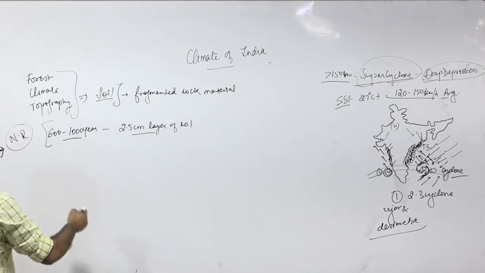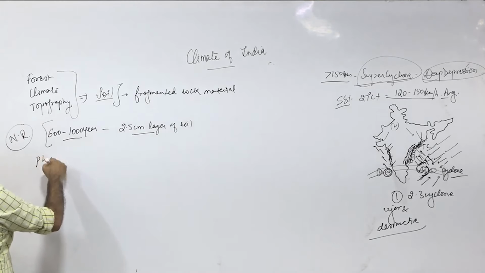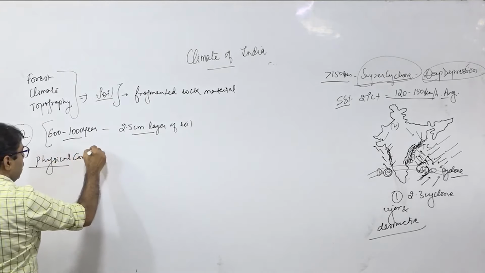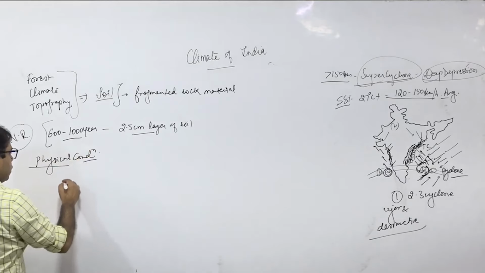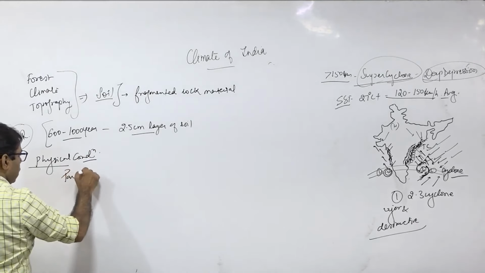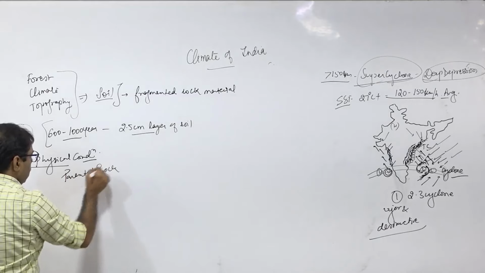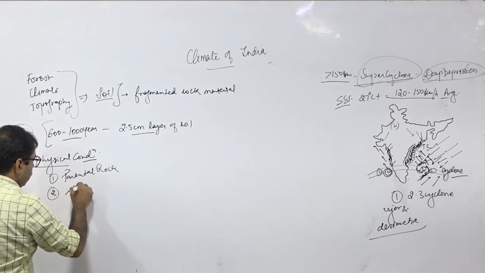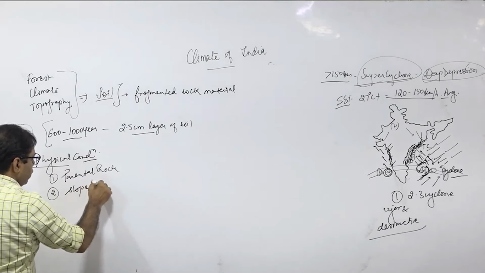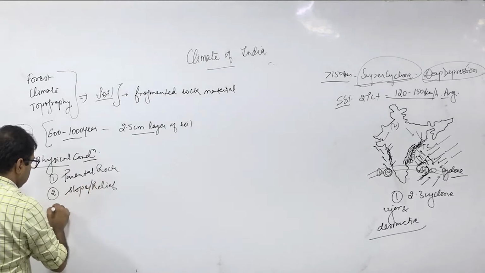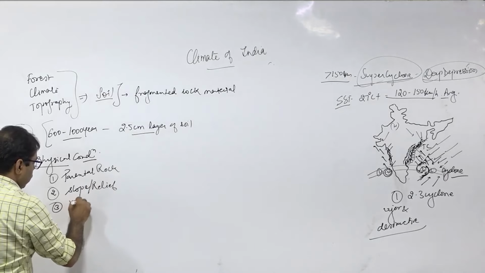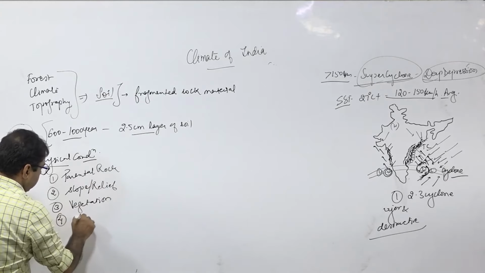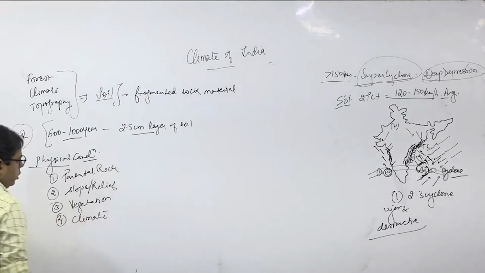So the physical conditions for formation of soil: number one is parental rock. Number two is slope, or we can call it relief. Number three is vegetation. Number four is climate, right?